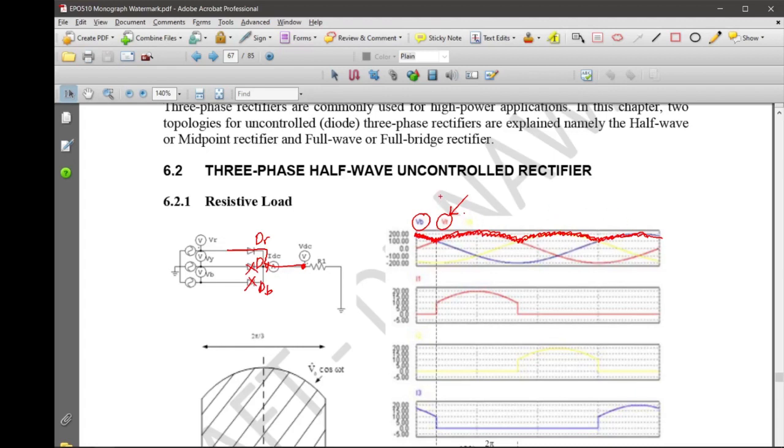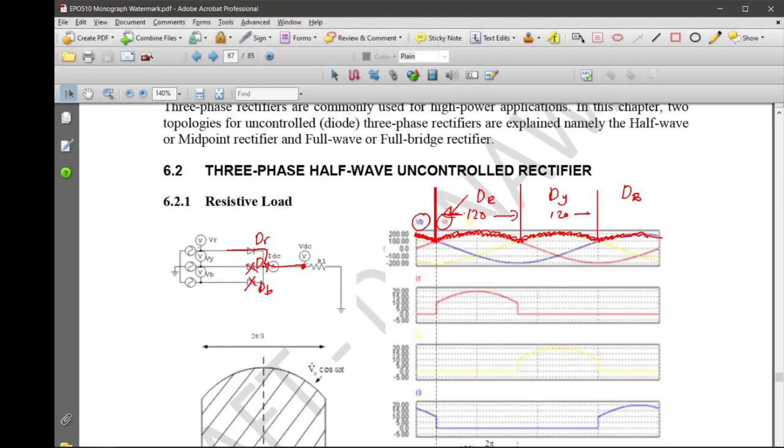So if I may draw this line to set the border between that and that, we know that this is the red, the yellow, and this is the blue turn on. Great. So each of these diodes will turn on for 120 degrees.